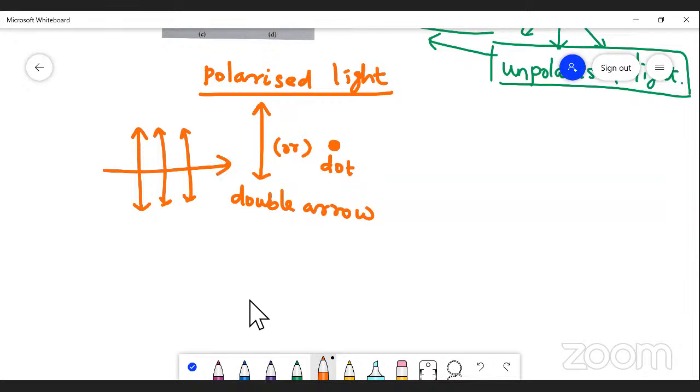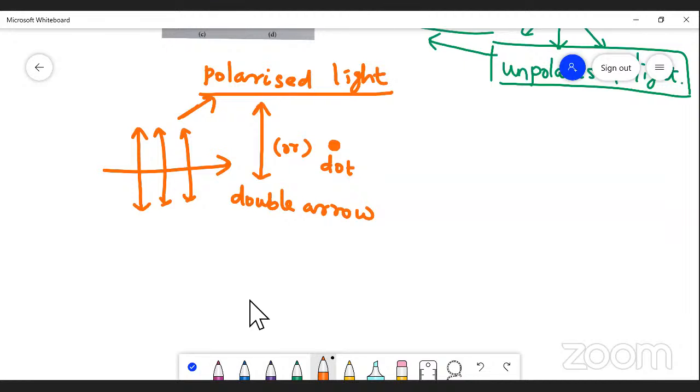Means this diagram represents polarized light. In this polarized light, the vibrations occur in only one plane, but that vibration is parallel to the plane of the whiteboard. So the vibrations in plane polarized light parallel to the plane is represented.